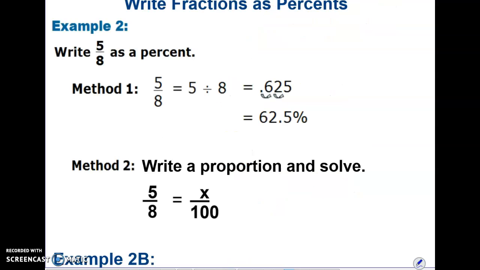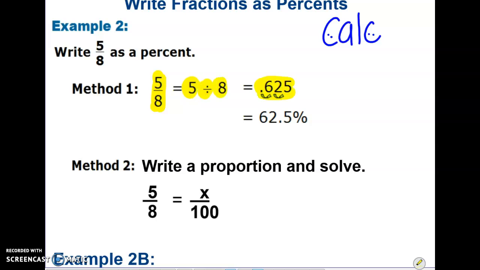Okay, now changing a fraction to a percent, this is where you want to get that calculator out. So make sure you have your calculator with you for today. We're going to change 5/8 to a percent. So the first thing we're going to do is change that fraction to a decimal. And we've talked about this earlier in the year. 5/8 means that we're going to take 5 divided by 8.